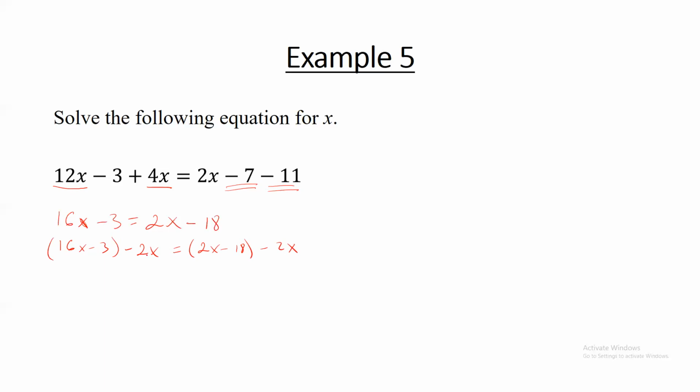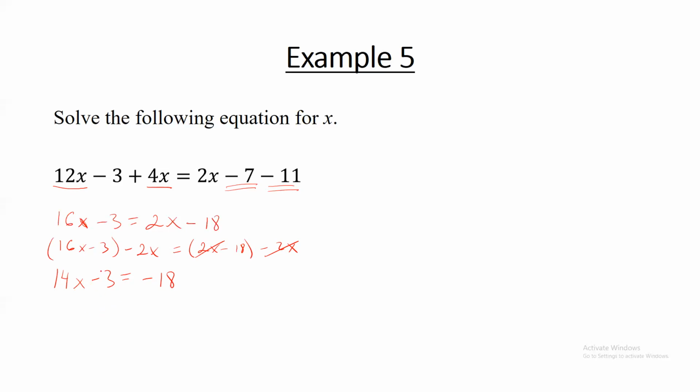So 16x minus 2x is 14x. Still have the minus 3 equals the 2x minus 2x is 0, so just negative 18. And now x's are just on one side of the equation, so we are ready to isolate.